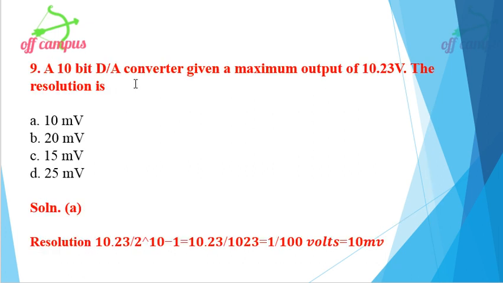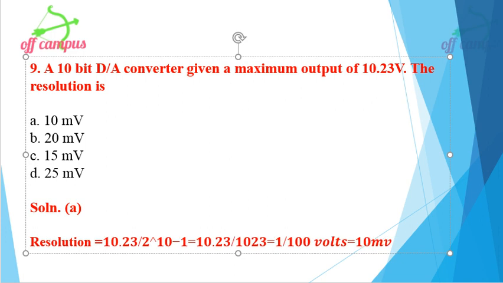A 10-bit DA converter gives a maximum output of 10.23 volt. The resolution is? We need to find out the resolution. Number of bits and maximum output voltage are given, and we know the formula for resolution: V divided by 2 power n minus 1. V is the reference, the maximum voltage 10.23, divided by 2 power n minus 1.